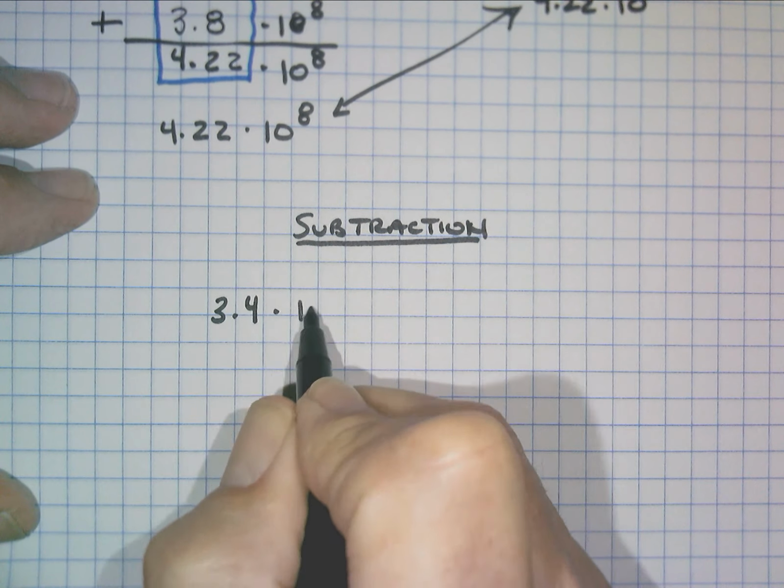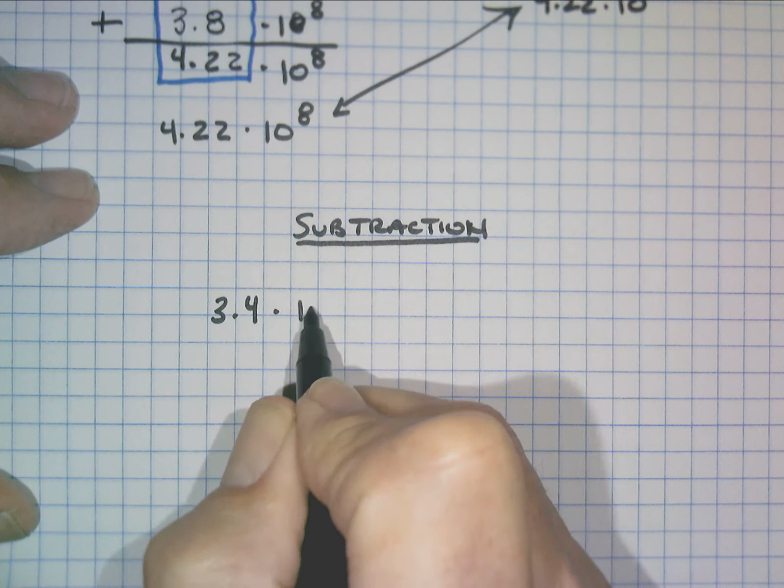We'll try that. What's higher, 29 or 30? 30. The problem is going to all be done in 10 to the 30th. We're subtracting times 10 to the 30th.